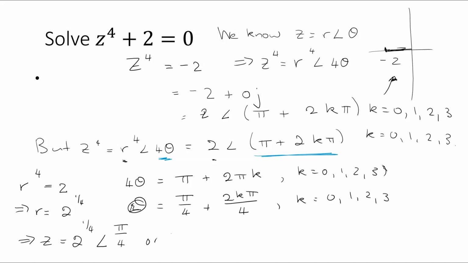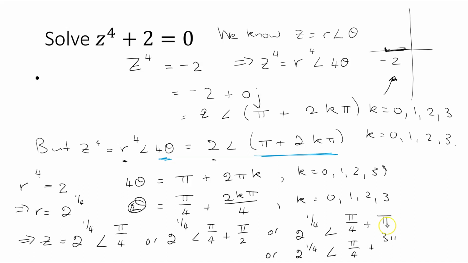That's when k is 0, or 2 to the power of a quarter angle pi by 4 plus, when k is 1, that would be pi by 2, or 2 to the power of a quarter angle pi by 4 plus, so k is 2, so it would be 2 pi over 4, so it would be 4 pi over 4, so it would be pi, and then the fourth one would be plus 3 pi over 2, not 4, 6 pi over 4.